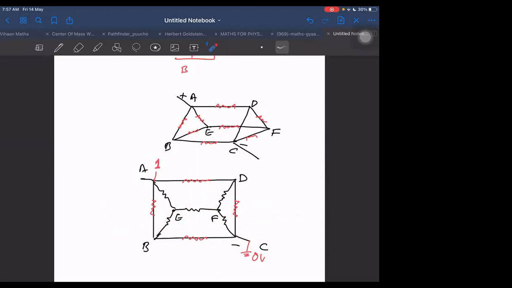When it is antisymmetric, then I can say that this and this will carry same current. And I can say this and this will carry same current. Okay, because it is antisymmetric. Now again, some student may ask me, sir, how do we know this will carry current equal to this? Why not this will carry equal to this?